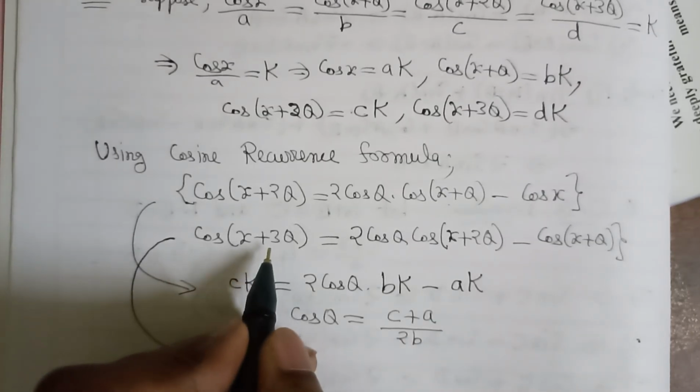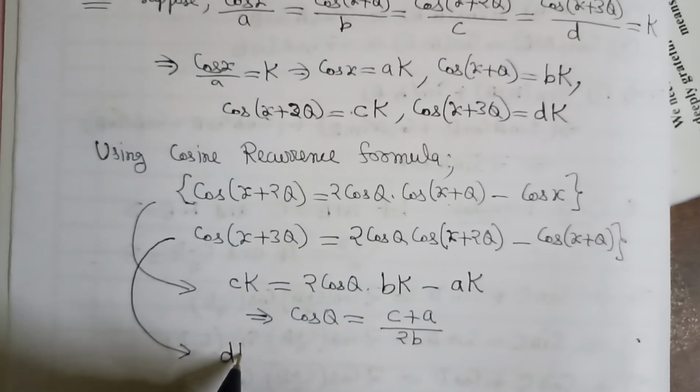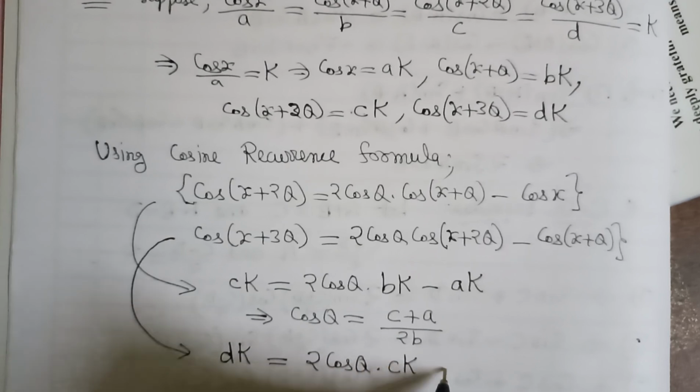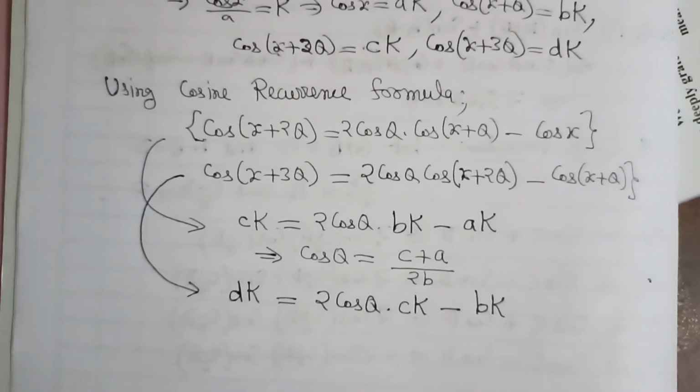and similarly with this, what you get? Cos (x plus 3 theta), nothing but dk, which is equals to 2 times of cos theta into cos (x plus 2 theta) is ck minus cos (x plus theta) is bk.